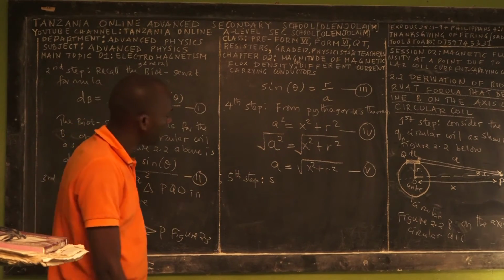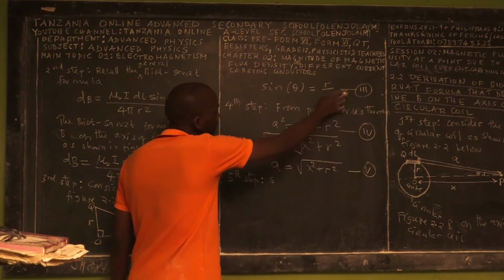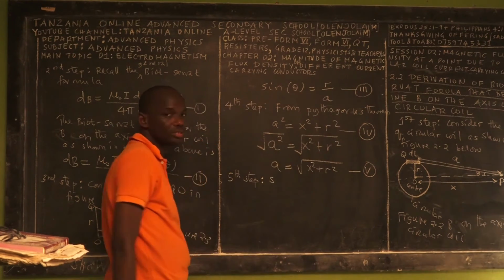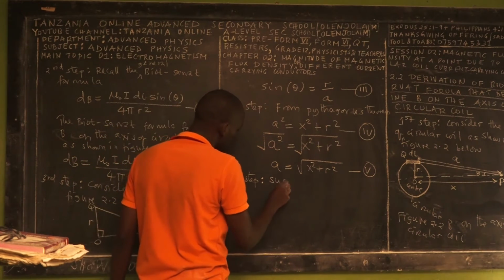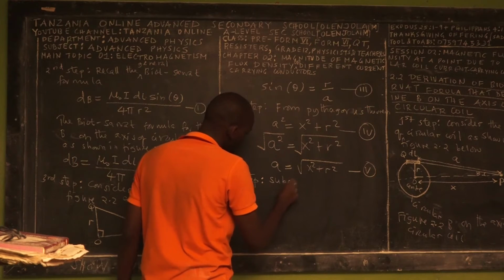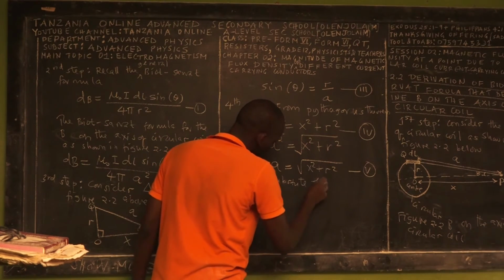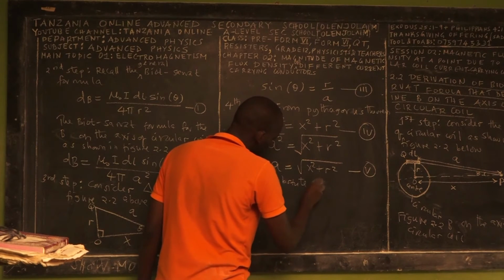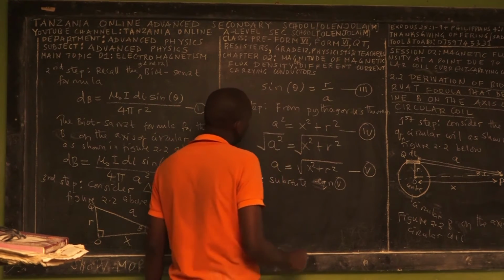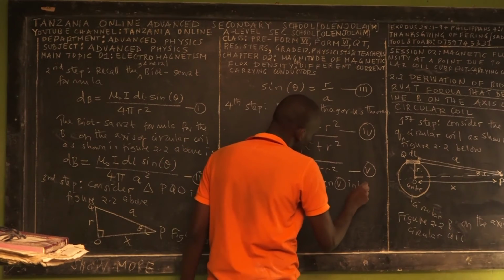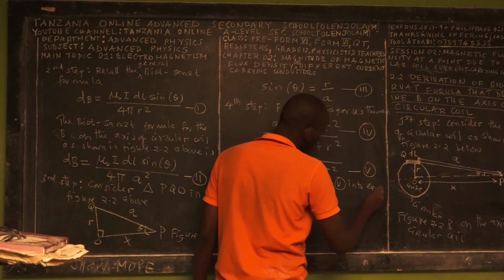We have A equal to the square root of x square plus r square, and we have R over A, so we can substitute equation 5 into equation 3.